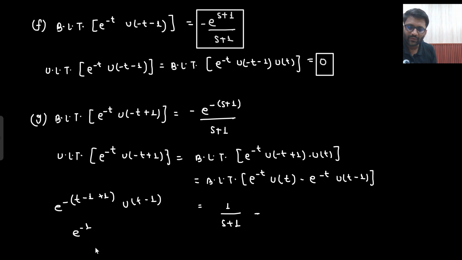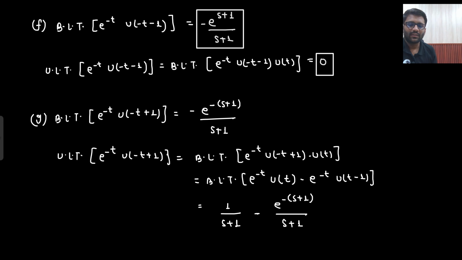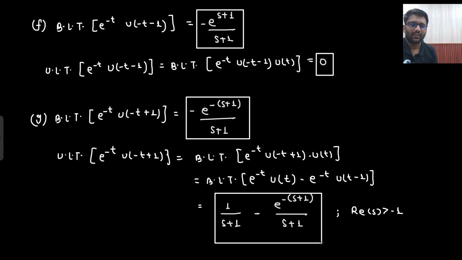So e to the power minus 1 will be outside, 1 upon s plus 1 e to the power minus s. So e to the power minus s plus 1 upon s plus 1. This is the answer we are getting with the ROC, real part of s greater than minus 1. So here this was the answer, and here this is the answer we are getting.